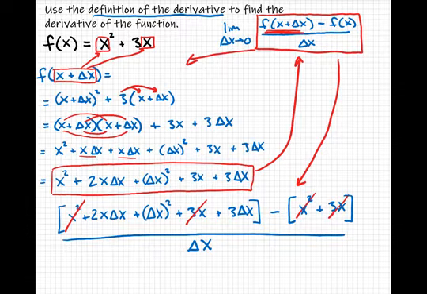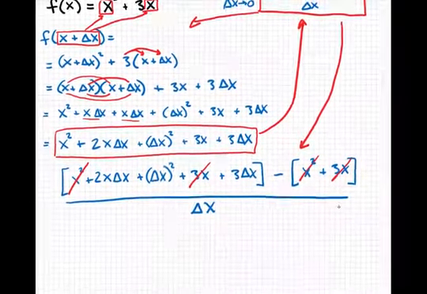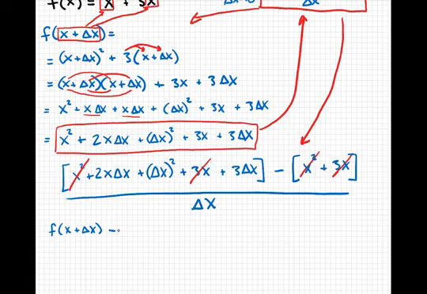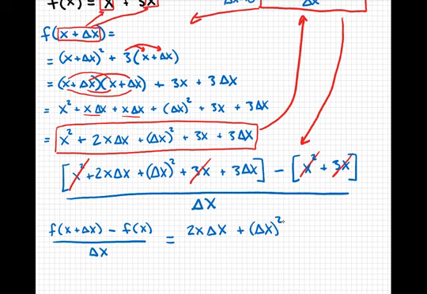So we have 2x delta x plus delta x squared plus 3 delta x, all divided by delta x.